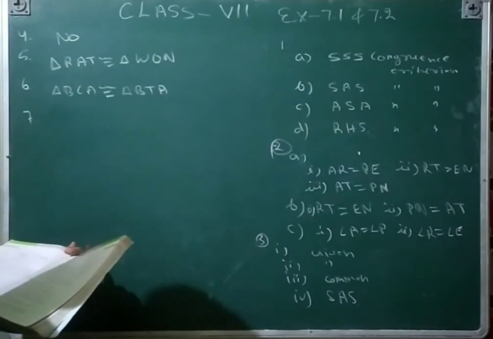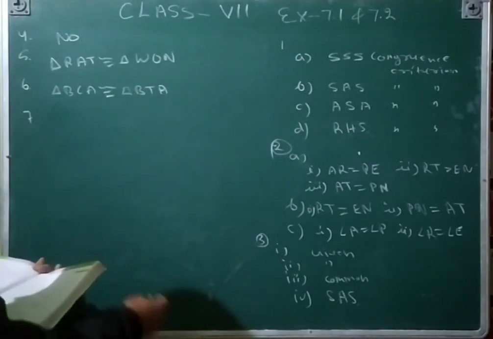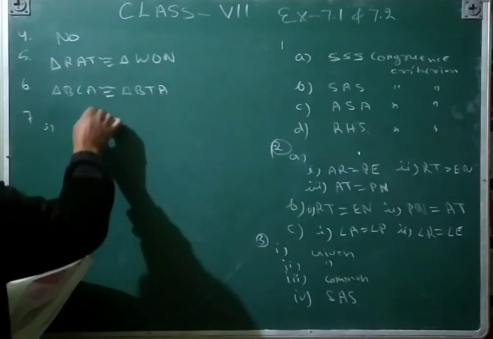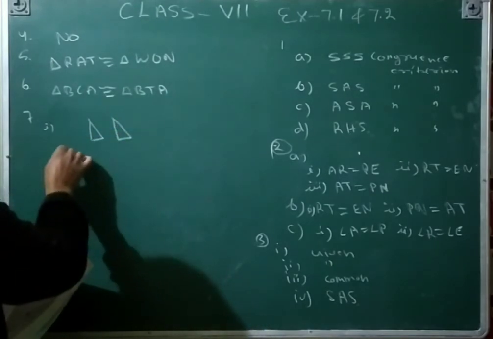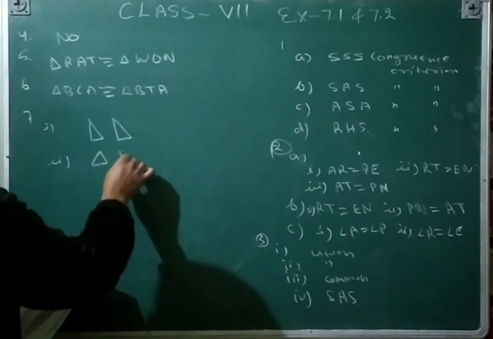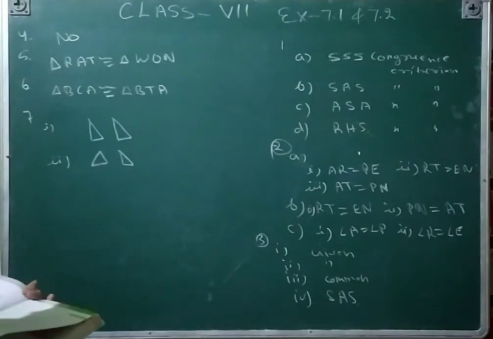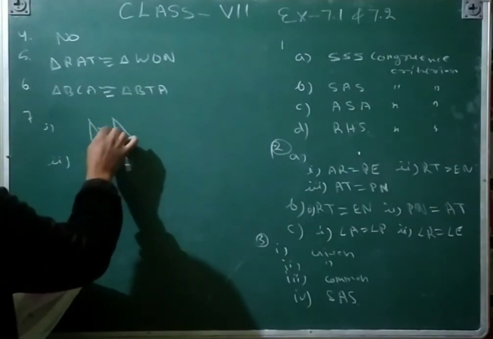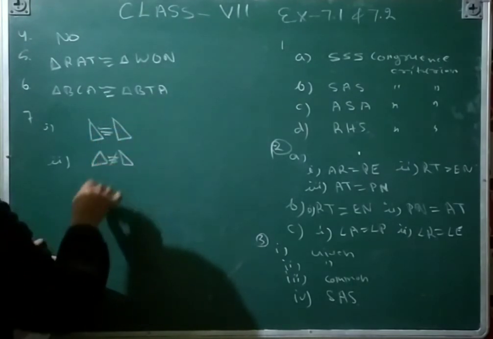If they are not of equal area, they will not be congruent. In the first part you cut like this, and the two triangles will be the same. For the second part you cut so that both are not the same in shape, size and area, so that will not be congruent.